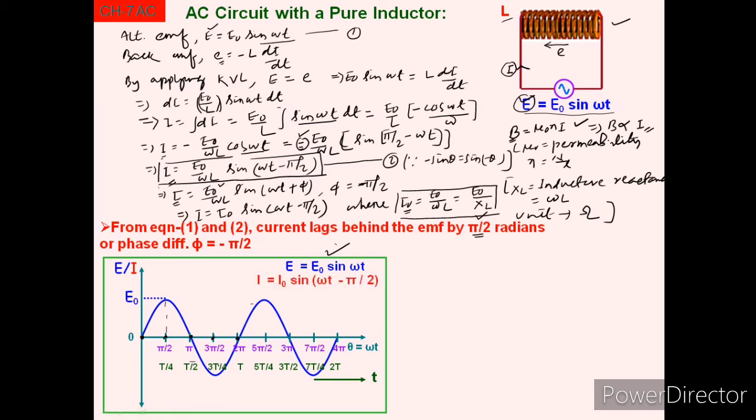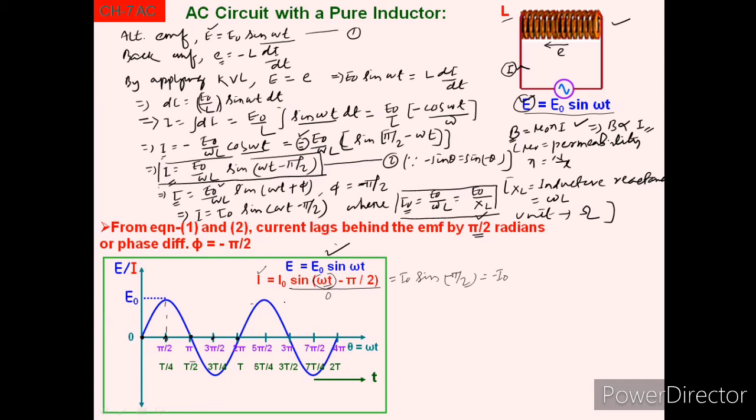Next we will plot the graph for the alternating current I is equal to I naught sin omega t minus pi by 2. First, when we take 0 in place of the phase, in place of omega t we get I naught sin minus pi by 2, and sin minus pi by 2 is minus 1, so this is minus I naught.